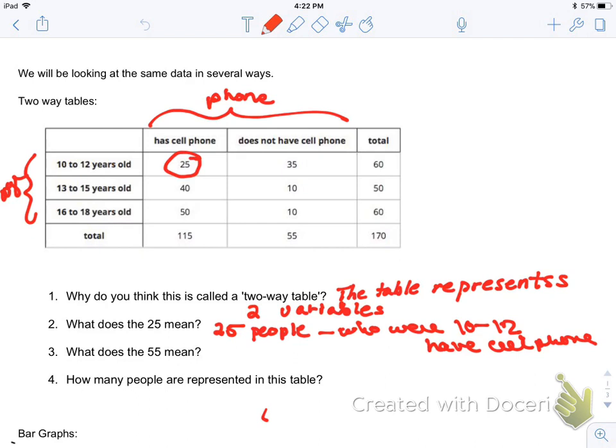And then I'd like you to take a look at the 55. So what does the 55 mean? And the 55 means that 55 people who were surveyed don't have a cell phone.